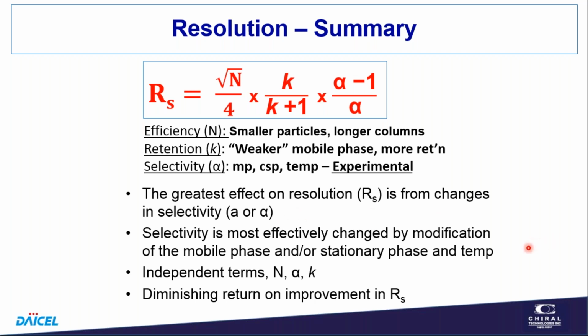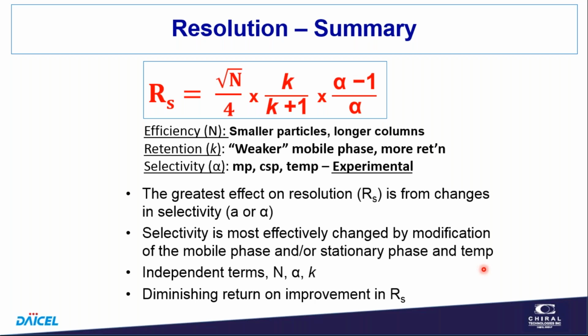Selectivity is most effectively changed by modifications of the mobile phase and or stationary phase, and the temperature has an effect. But as I said, these are independent terms, so we can make changes to each one of these individual terms and affect the resolution without significantly affecting the other terms.